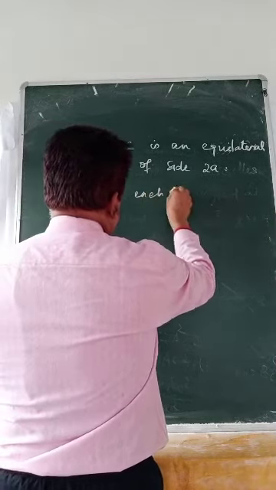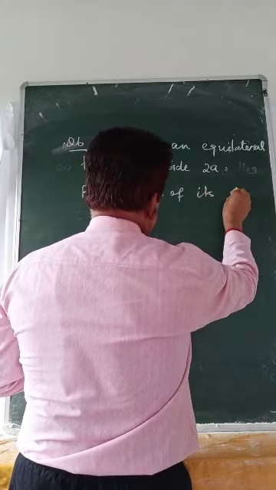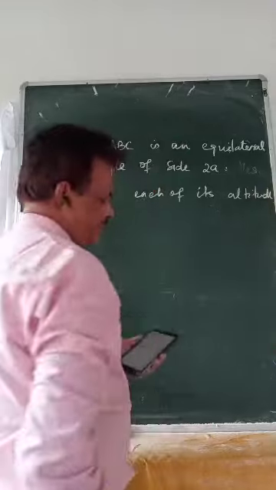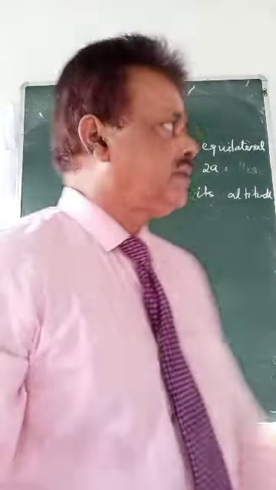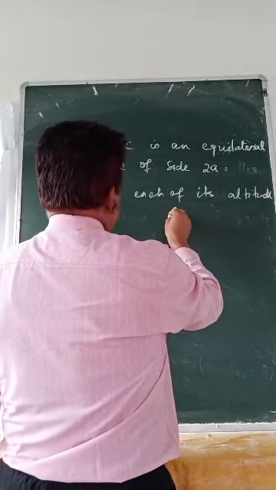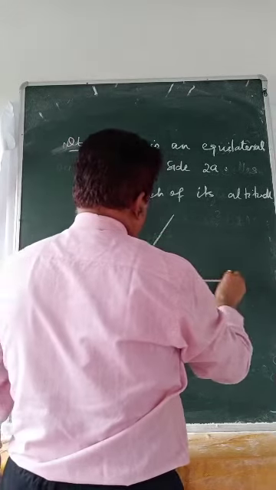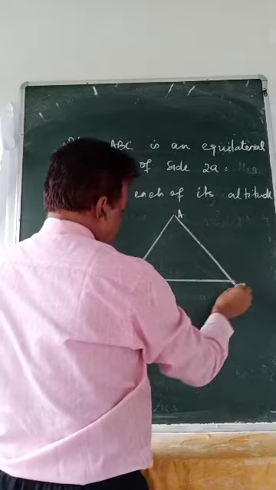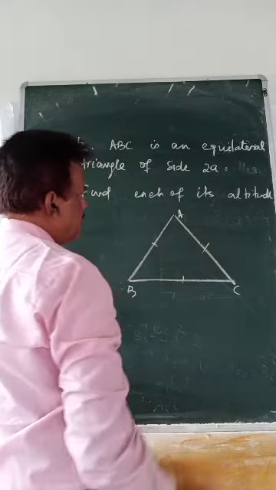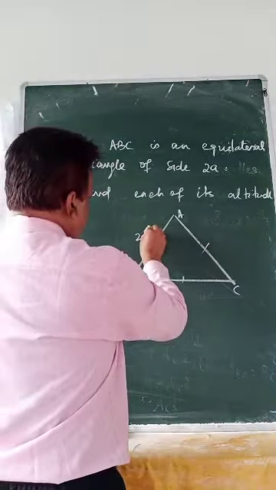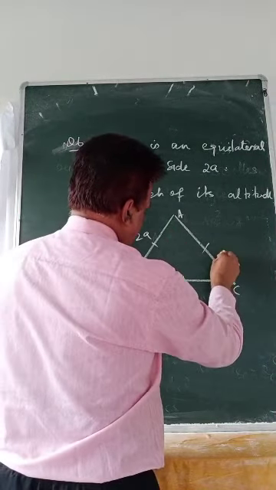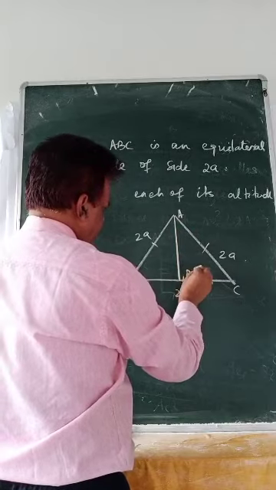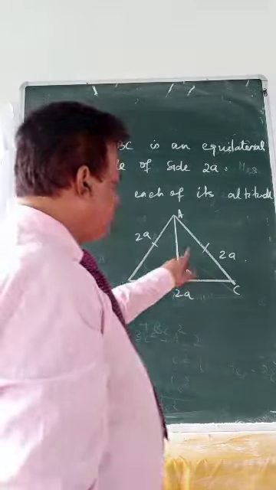Altitude means height. Look here, ABC is an equilateral triangle, which means all sides are equal. This is 2A, this is 2A, this is 2A. Now altitude means draw AD. You have to find out AD now.